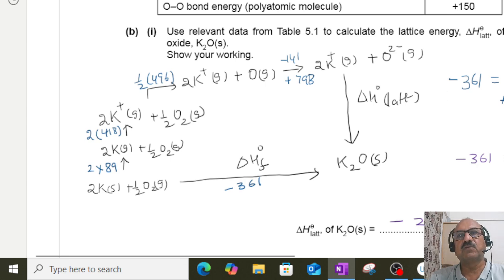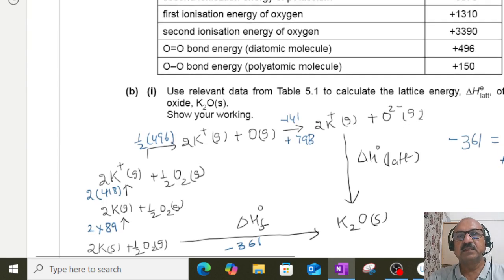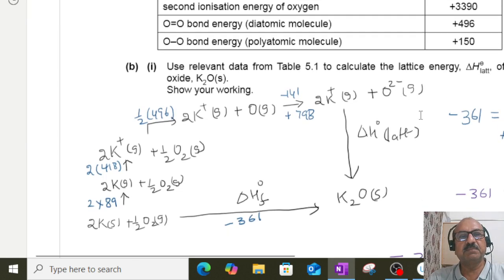Since we have to find the lattice energy, when the potassium ions combine with the oxide ions to form potassium oxide, that's the lattice energy. That is what we have to find. We also have the data of the enthalpy of formation from potassium and oxygen, and the rest of the cycle you have to complete. For completion, you can take the information from the table.